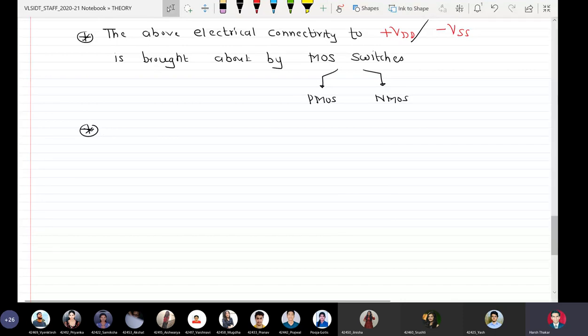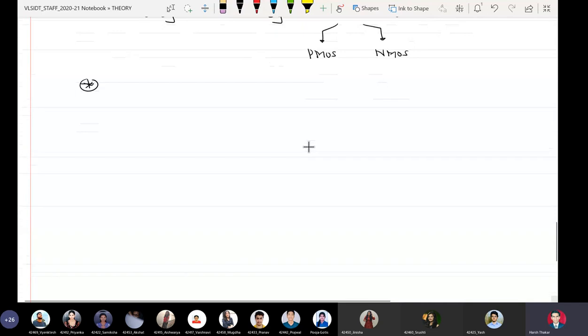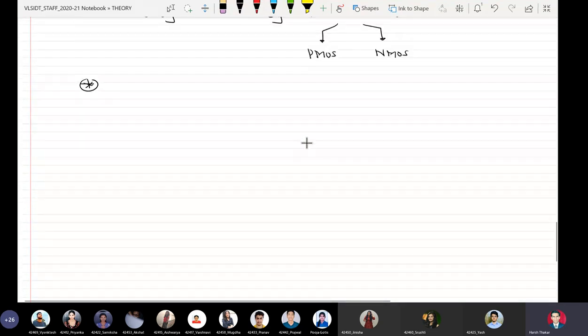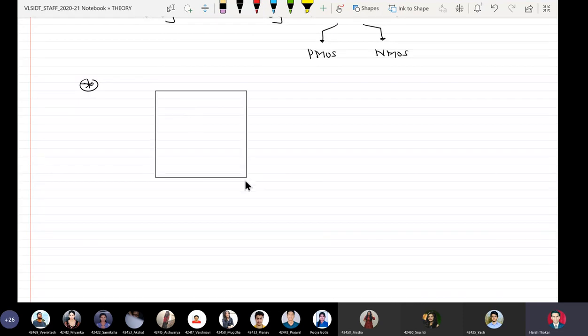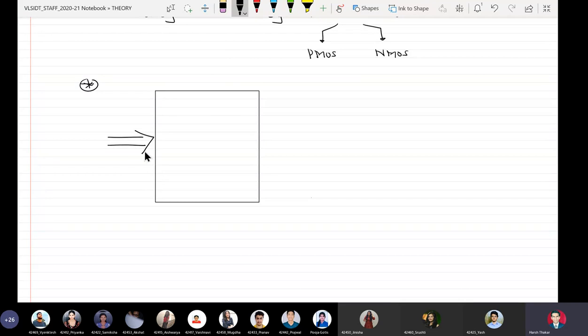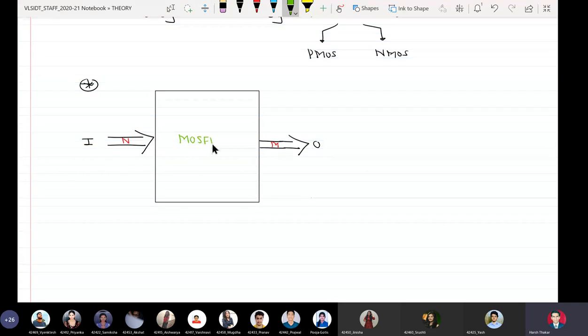Now, again, I consider the same system where I have n inputs and m outputs, and I have MOSFET switches in between them.